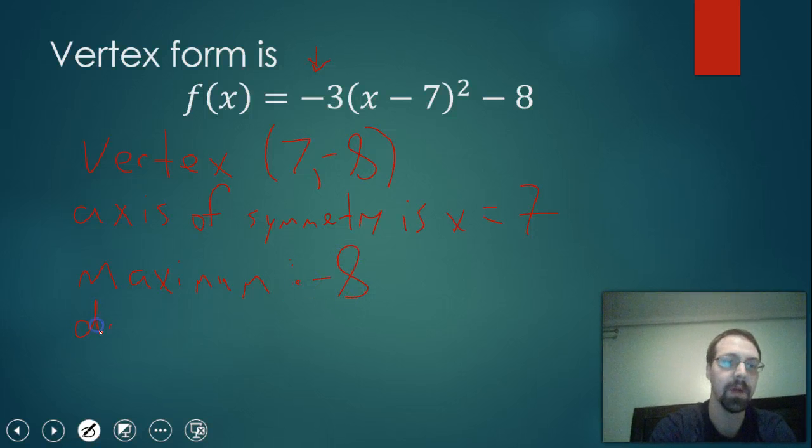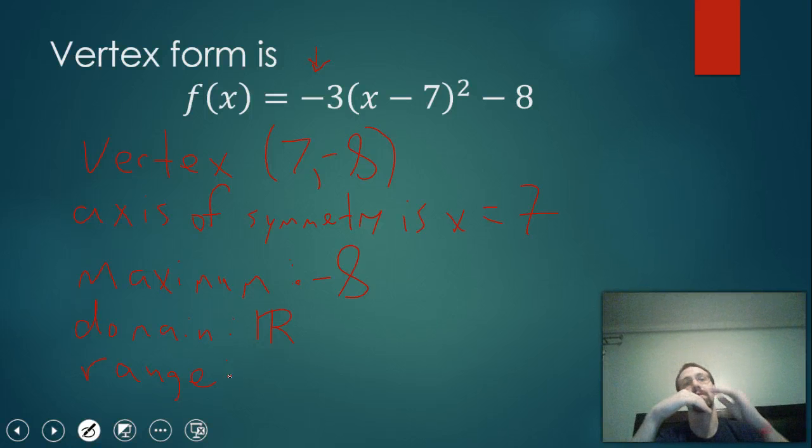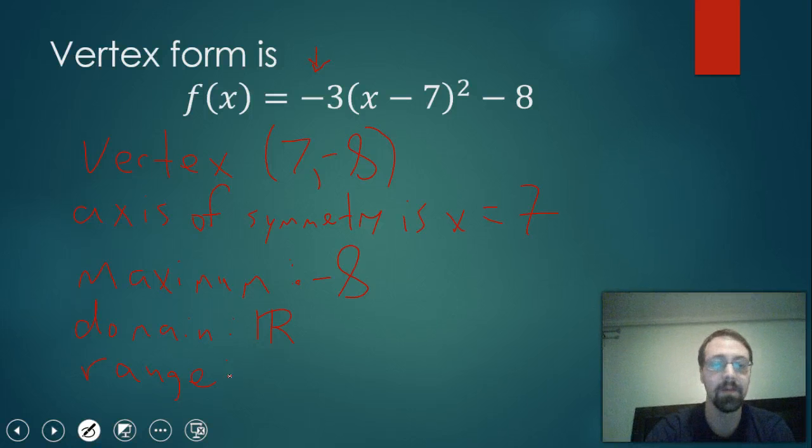My domain is all real numbers. And my range, because it's a maximum, is all real numbers less than or equal to negative 8.